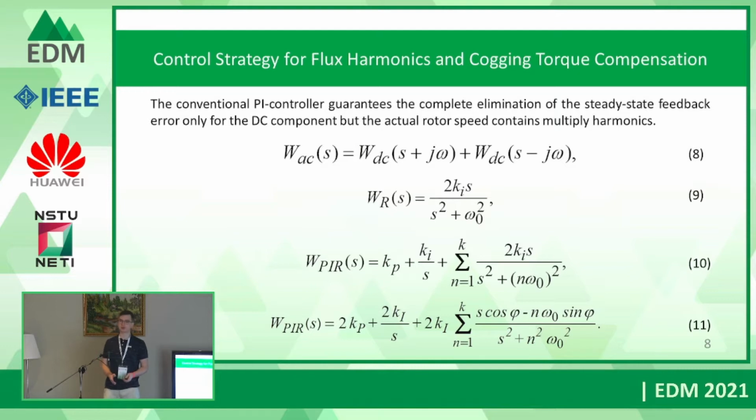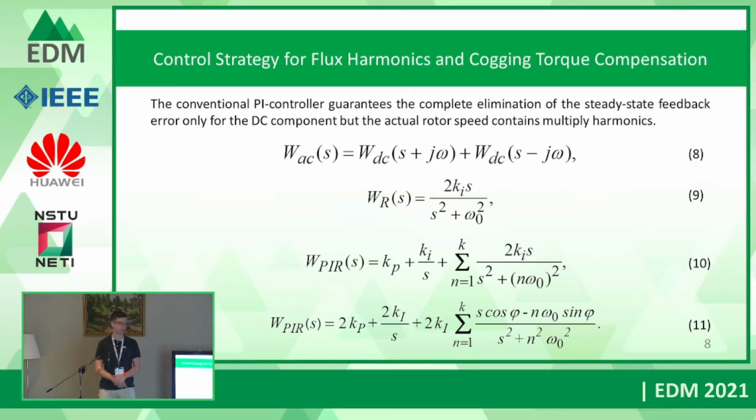The conventional PI controller guarantees the elimination of steady-state error only for DC signals, but as was mentioned before, torque consists of some harmonic components. That's why we use equation 8 to obtain the transfer function of the resonant term, which is represented in equation 9.